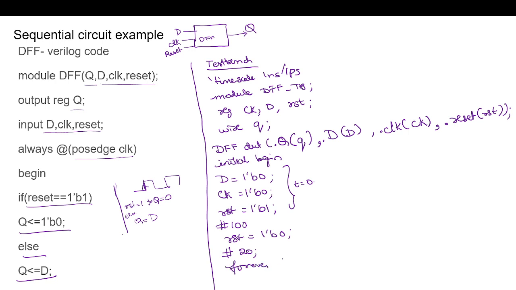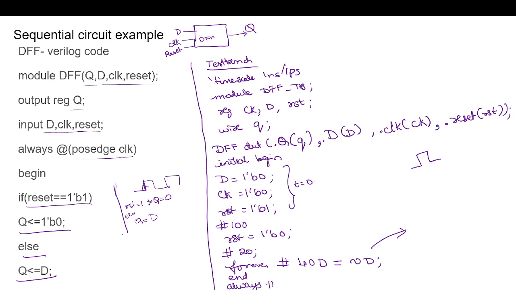Then forever, #40 D is equal to not D. So what I am trying to do is, okay, first let me generate the clock also.